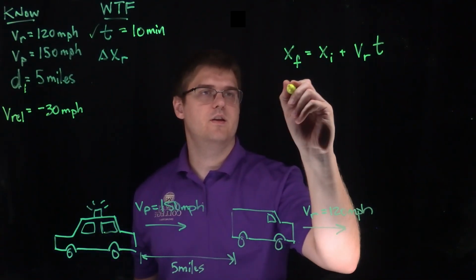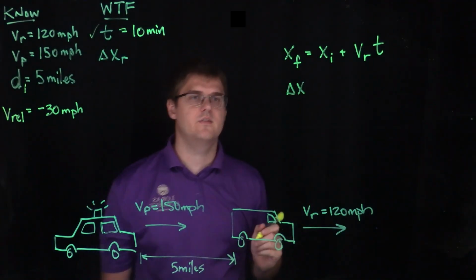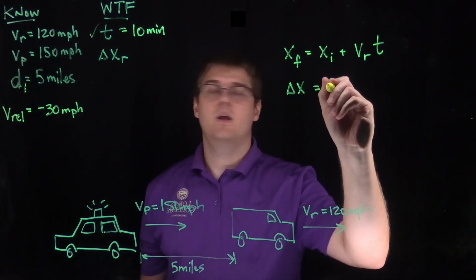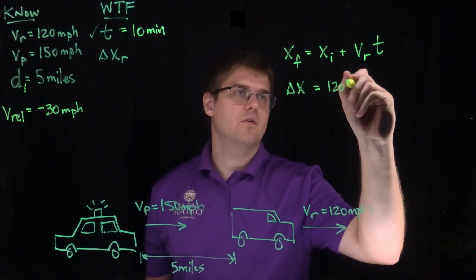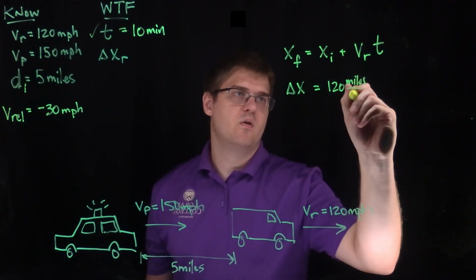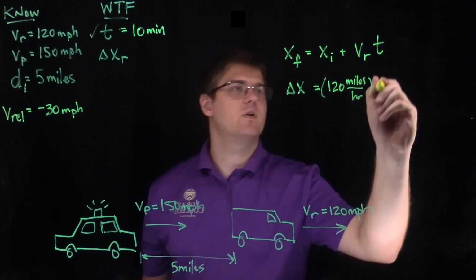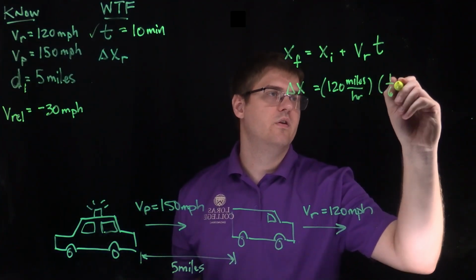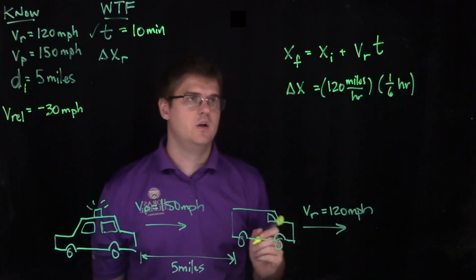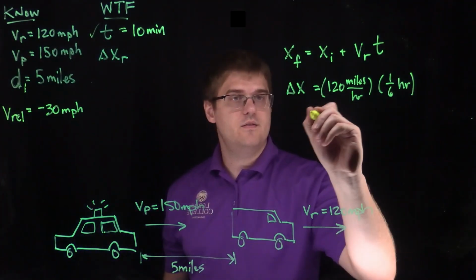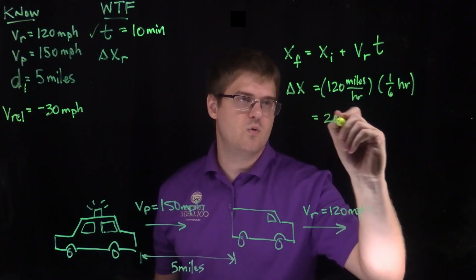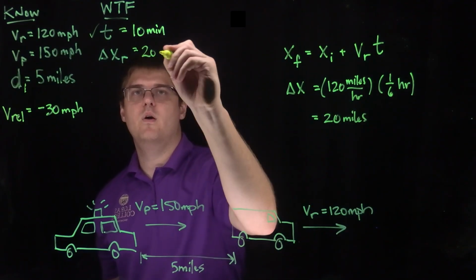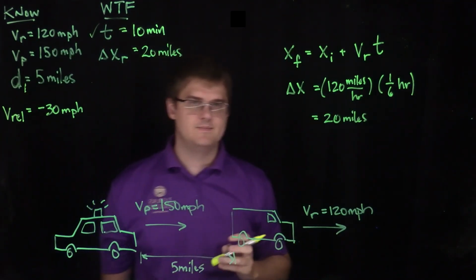X final minus X initial is going to be my delta X, that is the distance it has gone, is going to be the velocity of the robber, which is 120 miles per hour. And in order to make units work nicely, I can recall that my 10 minutes is just 1/6 of an hour. 120 divided by 6, delta X is going to be equal to 20 miles. So this is 20 miles.